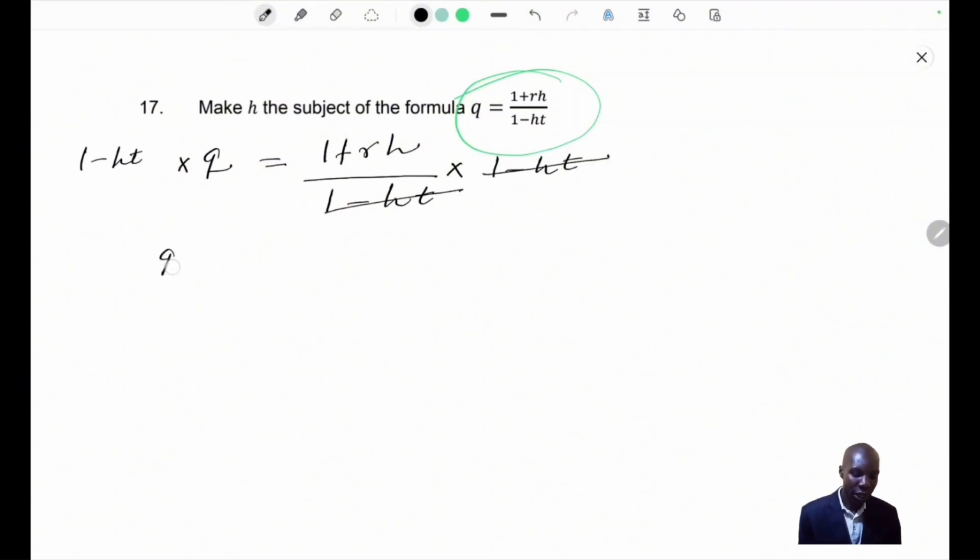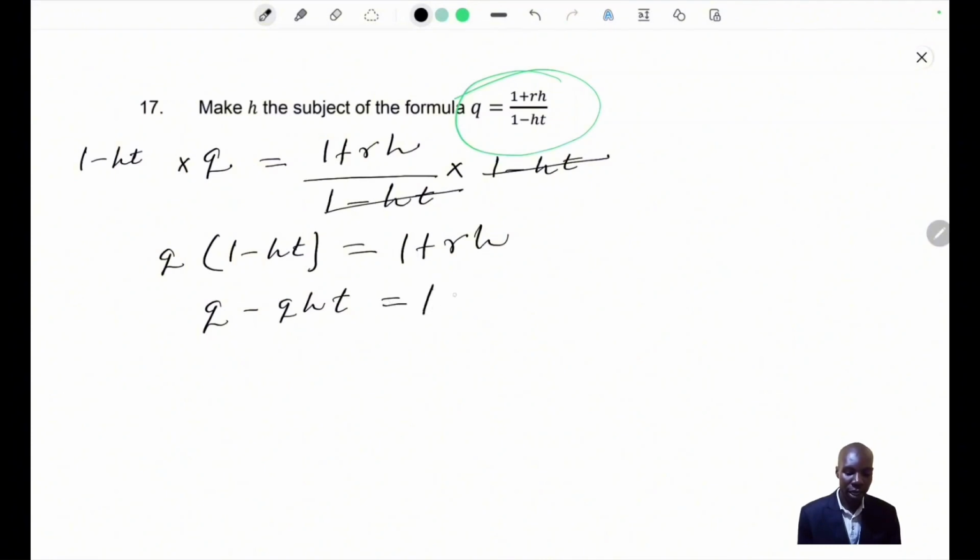So we are left with Q in bracket 1 minus HT equals 1 plus RH. Open the bracket, we'll have Q minus QHT equals 1 plus RH.